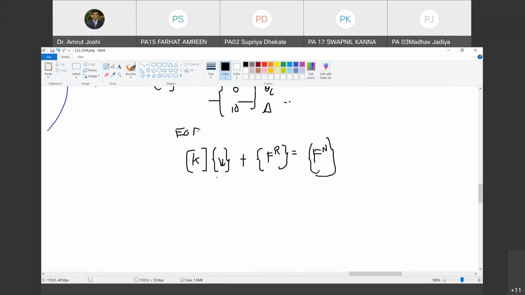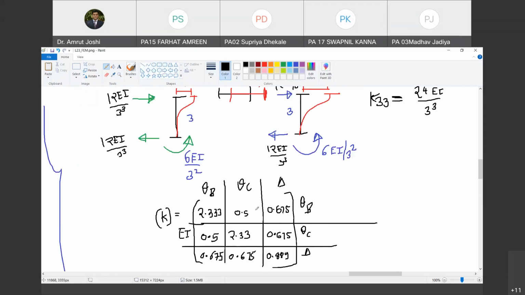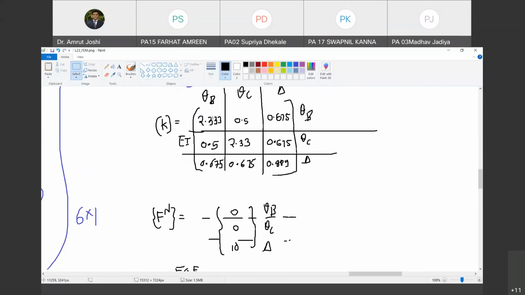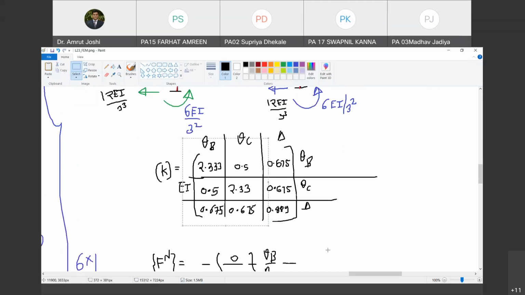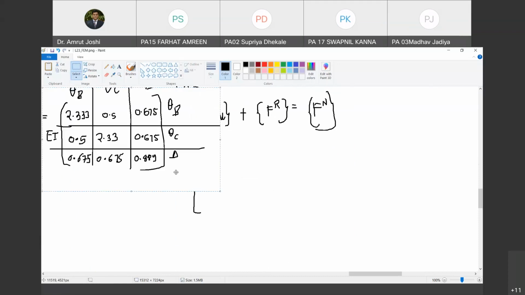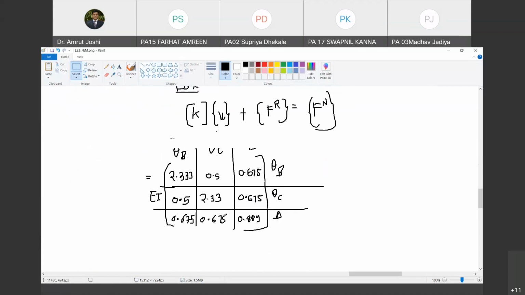Now, what is K? Let me write down the value. Let me borrow this K here. It is EI times this. So forget about this. EI times this. Are you with me?